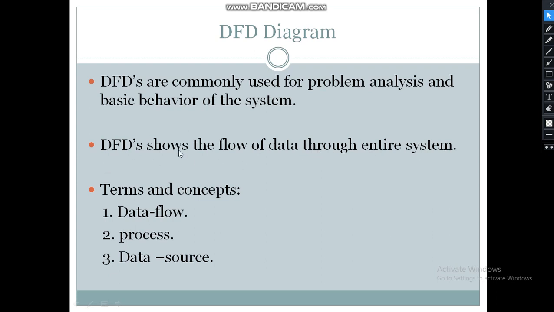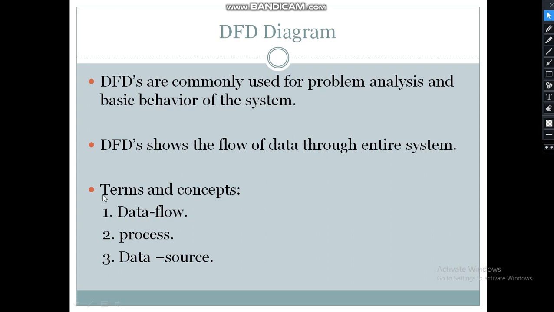When we are developing a project, how data flows from one component and how it is passed to another component is clearly represented in the DFD diagram.